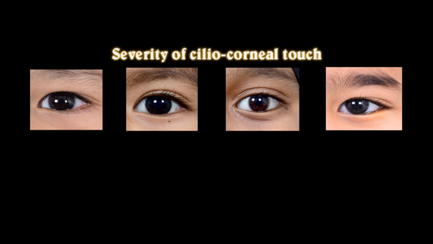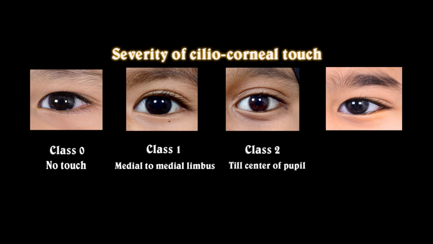The resulting ciliocorneal touch is classified as Class 0, no lash touching the ocular surface; Class 1, lashes touching the ocular surface medial to the medial limbus; Class 2, lashes touching the cornea till center of the pupil; and Class 3, wherein lashes touch the cornea beyond the center of the pupil.